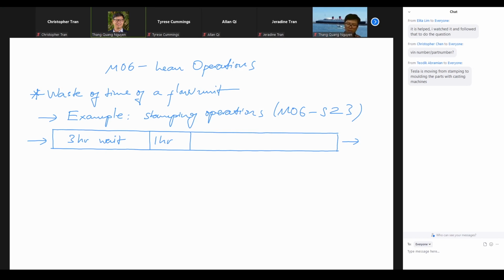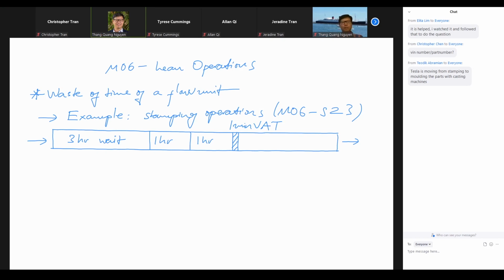And then 1 hour waiting for the other pieces of the batch to go through. It's like we stay in line, we have to wait for the people to take their turns before we can take our turn, right? So the piece of metal will have to wait another hour before it can go through the machine. So actually the time is only 1 minute of value-added time.